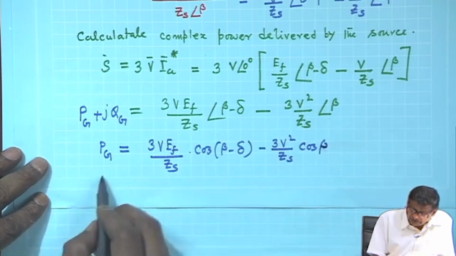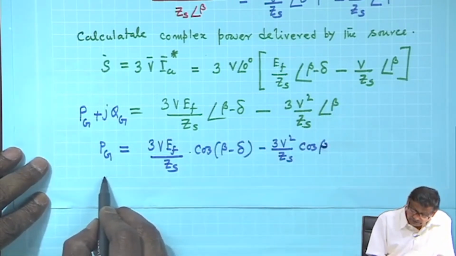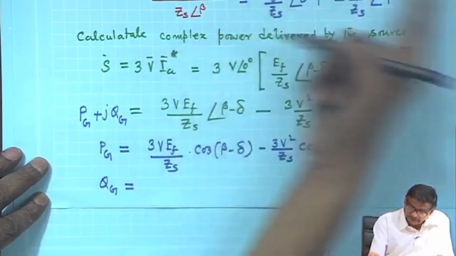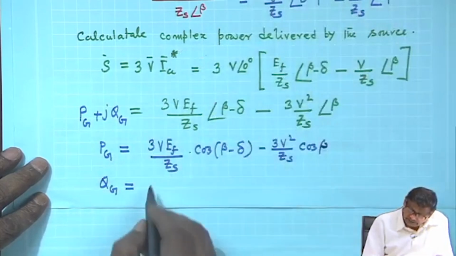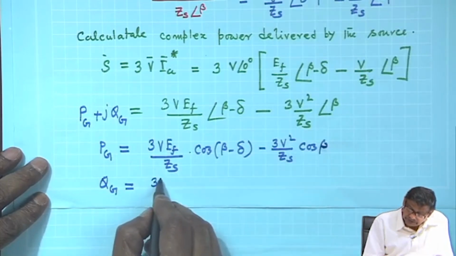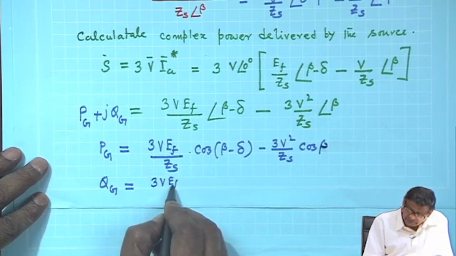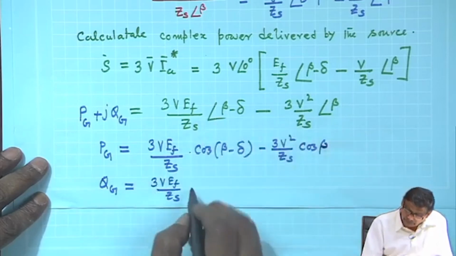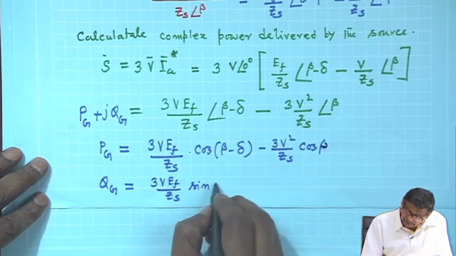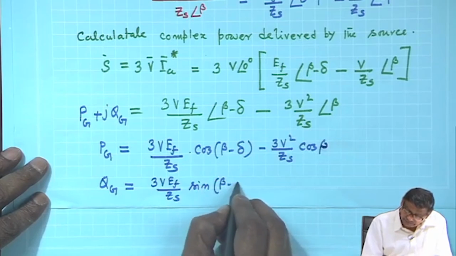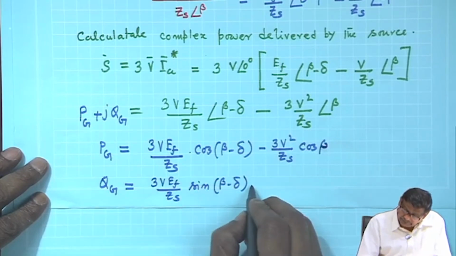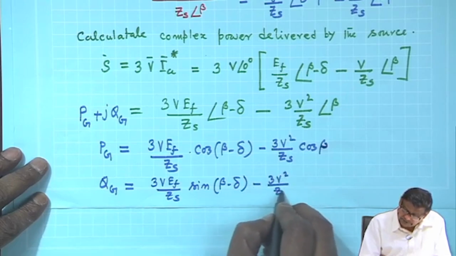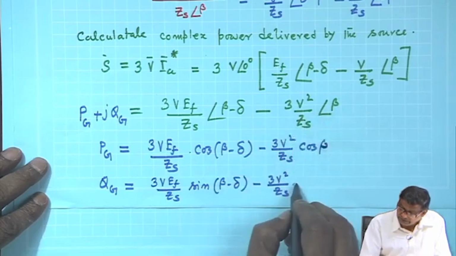Similarly, the reactive power delivered, I will write QG, the generator delivers this much reactive power, and it will be equal to 3 V EF by ZS, the sine component, the imaginary part. So this will be sine of beta minus delta, and then minus 3 V square by ZS, and this will also be sine beta.